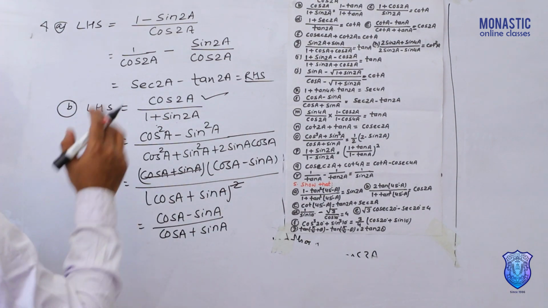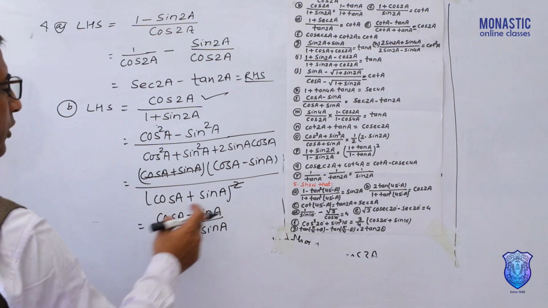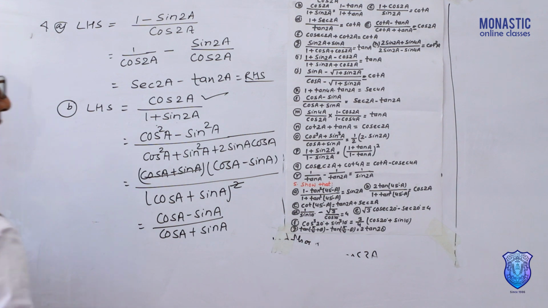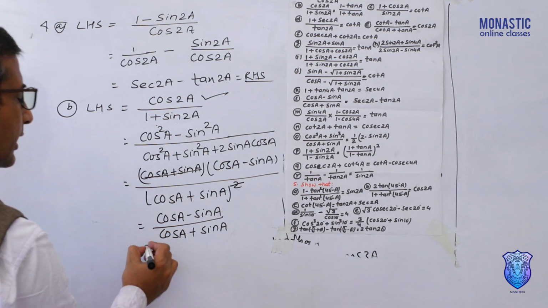But we want the result in tan. Now we came up to cos a minus sine a. Look carefully. If we divide numerator and denominator by cos a, we will get the result.